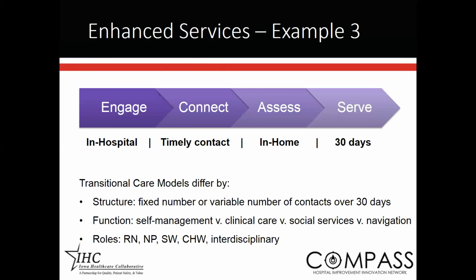There are many variations on the theme, and I think that as long as you have these 4 components, an in-hospital engagement, timely post-hospital contact, an in-home component, and a 30-day time frame, usually the transitional care model is effective regardless of who does it and how many, what role type you specifically deploy to do this.